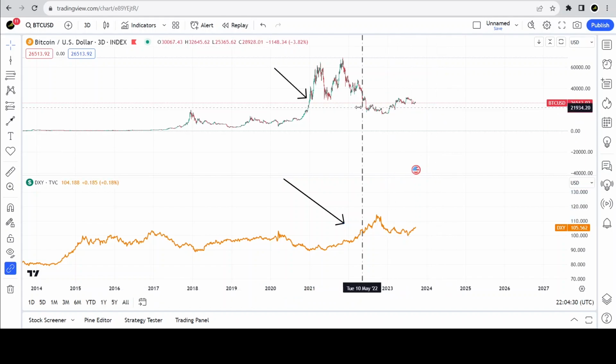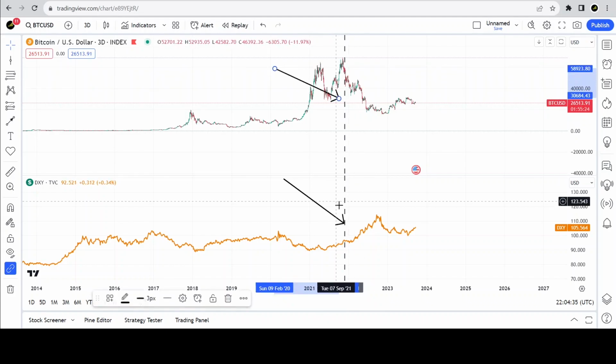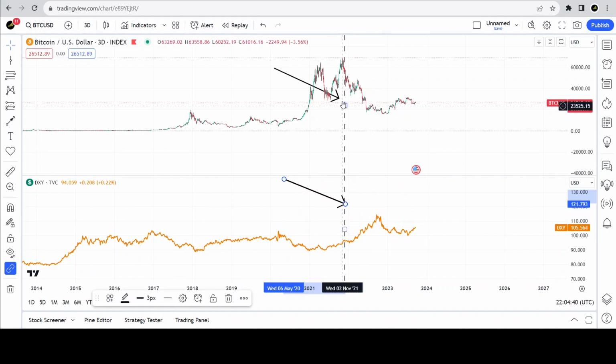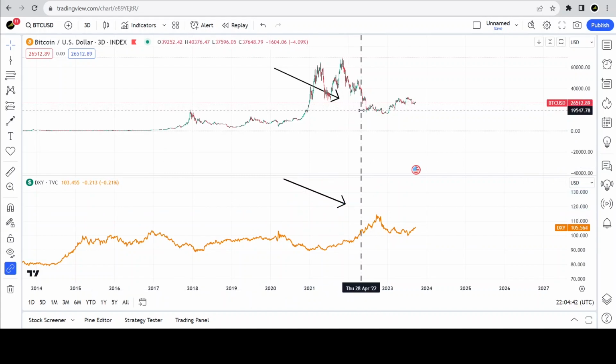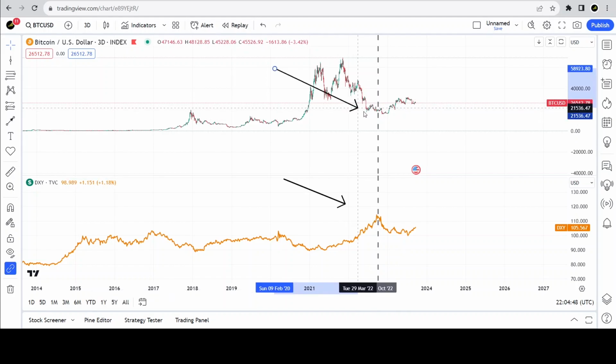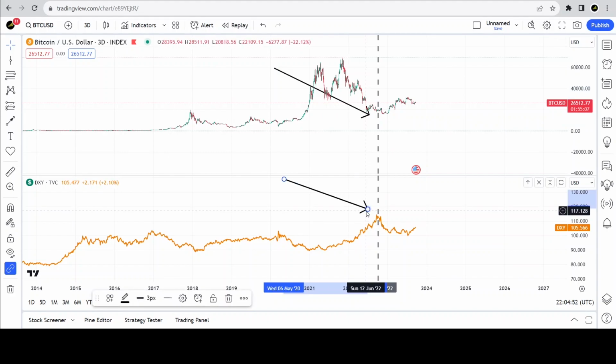As you can see, for instance, right here, as Bitcoin peaked out and began its decline, the DXY started moving up. Let's move this line right here. You can see how as the DXY moves up, Bitcoin moves down. So this underscores the idea that they are inversely correlated. And I believe that is a true statement.